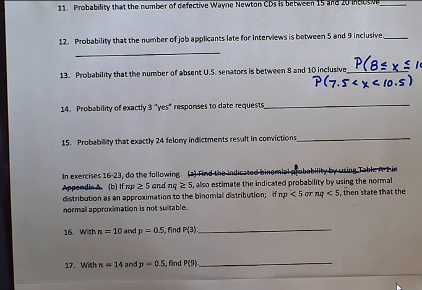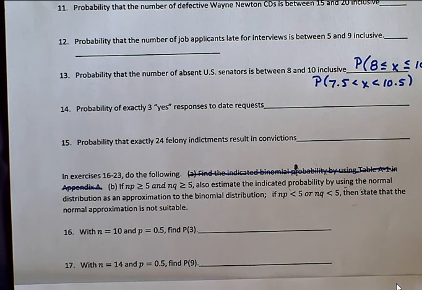NQ is 14 times, now remember, P plus Q has to add to 1. So if they give you P and you don't know Q, then just subtract from 1. But again, you get the same thing, 0.5 and 0.5. So multiplying those in, you get 7 and 7. So this does fit the model, that's using normal to approximate binomial.